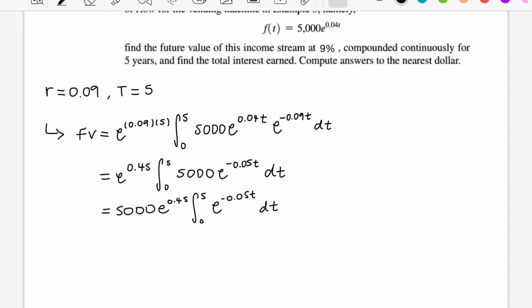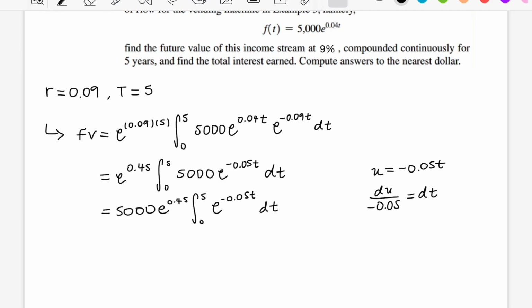All right. Now we have a composition of functions, so we're again going to use our u substitution. So this tells us that du over negative 0.05 is going to be equal to dt. Now on the side here, we're just going to evaluate the indefinite integral here, so we don't have to change our bounds. So we have 5,000, that's e to the 0.45.